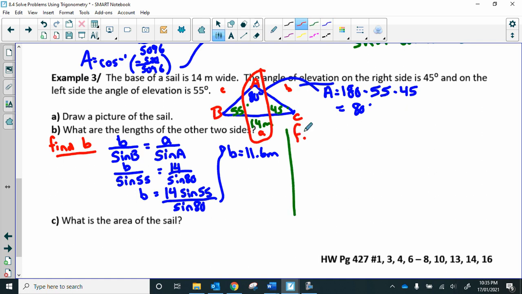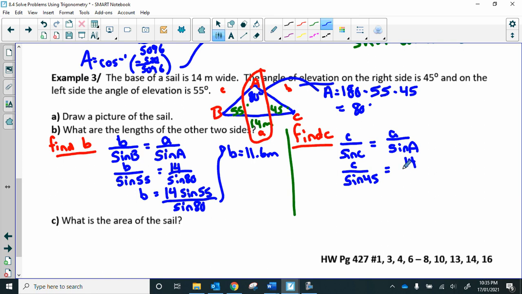So let's find c now. To find c, I'm going to use c over sine C. And I'm going to use that same angle pair that I used in the first one. So we used the A's. We're going to use the A's again. So big C is 45 degrees.